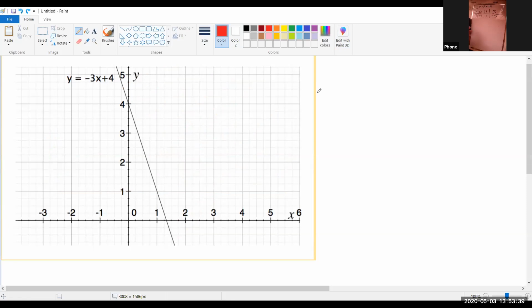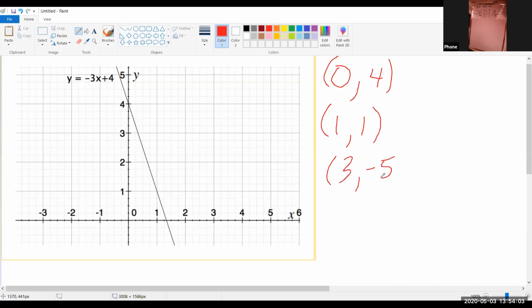Right, so after we establish our table of values, the next step was to plot our graph, right? So suppose this line was not here already. The first set of coordinates was (0, 4), then (1, 1), then (3, -5).